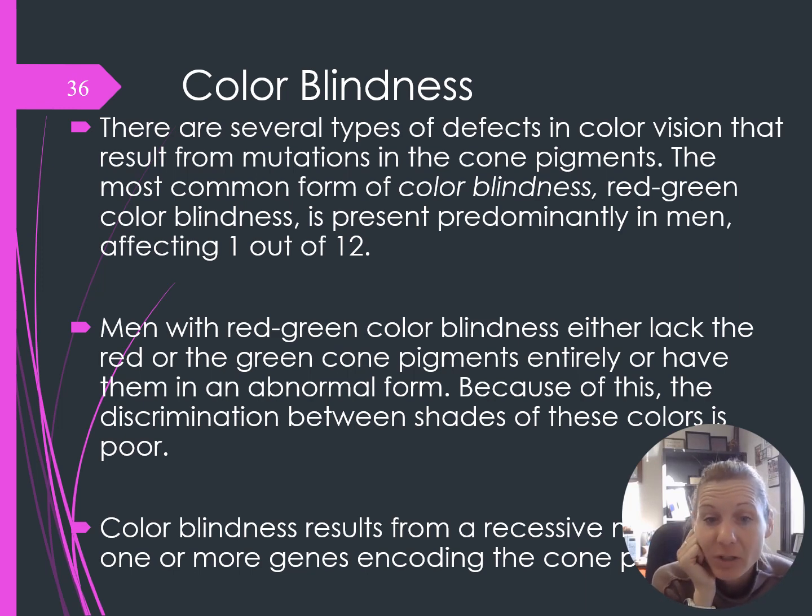So men with red-green color blindness can either lack the red or green cone pigments entirely, or they have them in an abnormal form, which results in those colors looking grayish or kind of the same. So again, they can't necessarily differentiate between red and green, which is why our stoplights are set up the same way.